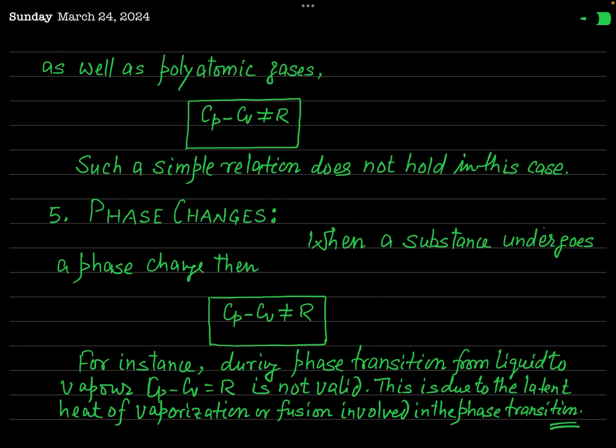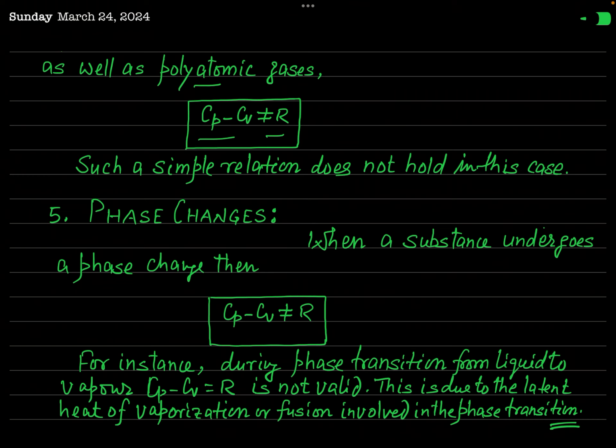Also, in case of polyatomic gases, that is, a gas in whose molecule there are many atoms, the behavior of such a gas is also very different from the monatomic ideal gas, and in that case too, Cp minus Cv is not equal to R.